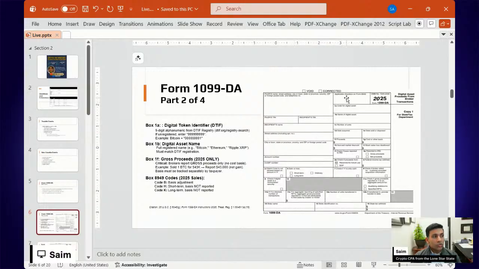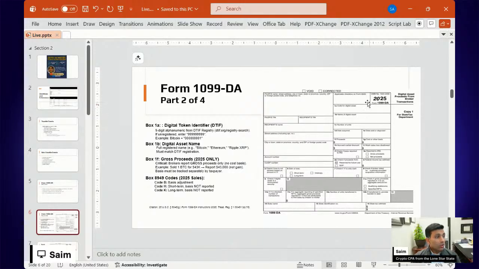Now, most cryptocurrencies have a database where the IRS and the Department of Treasury are giving each crypto a digital token identifier, and you'll get that number here. So Bitcoin is not going to have two different types of digital token identifiers. It will only have one. This is the way for the government to standardize crypto reporting as much as possible.